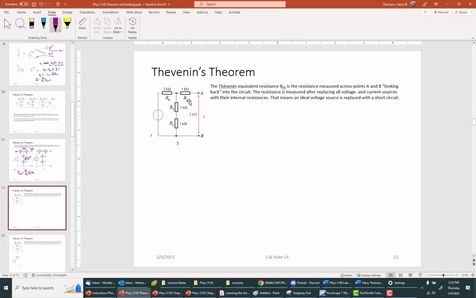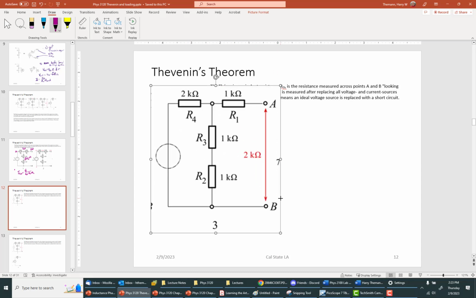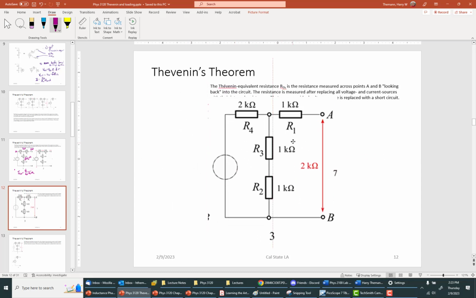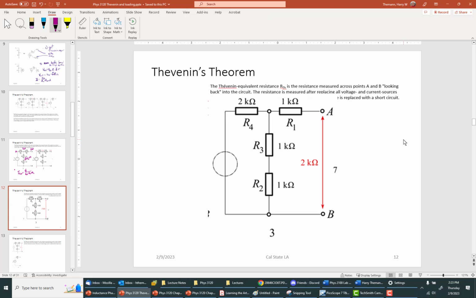Okay, now the next step is that we write into the circuit all the equivalent resistances, or not exactly equivalent, but the internal resistance of everything.